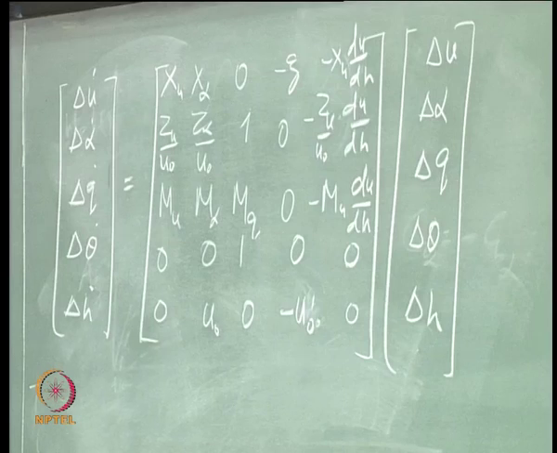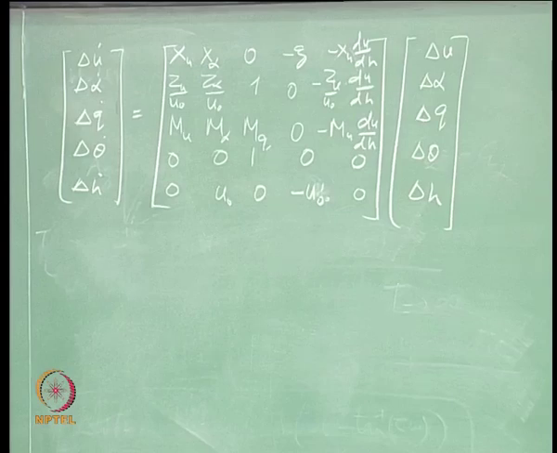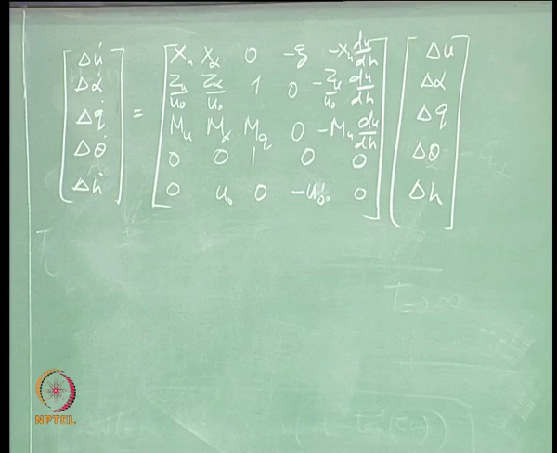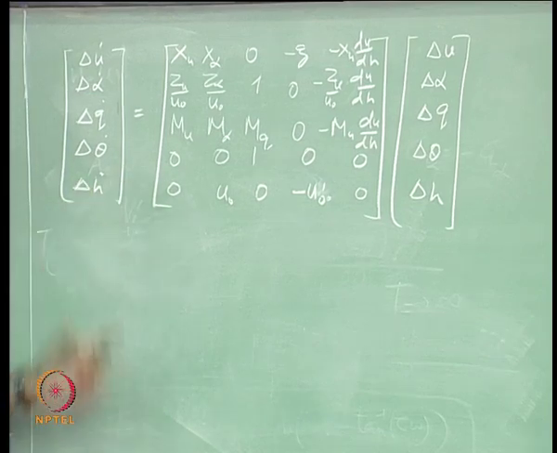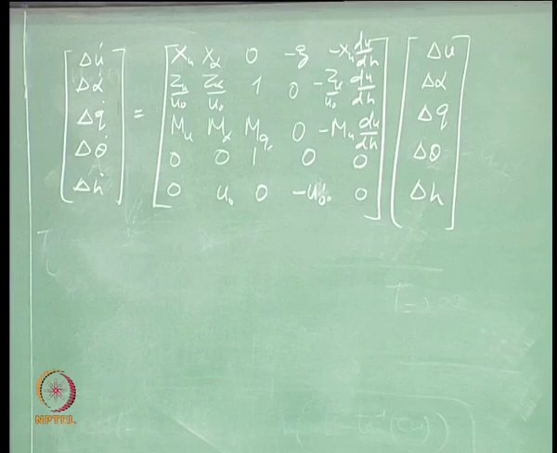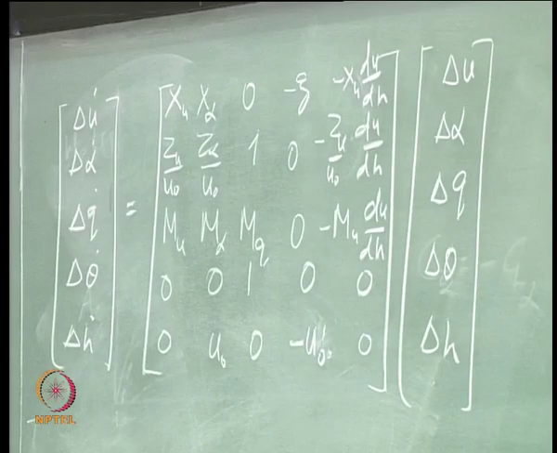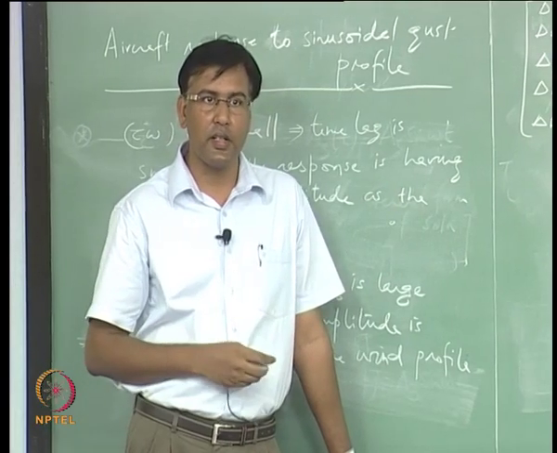What is it going to change? Now you have one more equation, right. So you are expecting one more eigenvalue. Okay. Earlier we had two pairs of eigenvalues for this A longitudinal, and both were again a pair of complex conjugate eigenvalues, right, corresponding to the short period and the Phugoid mode, isn't it? Now you are going to see another eigenvalue which is non-oscillatory. It is going to be a real eigenvalue.